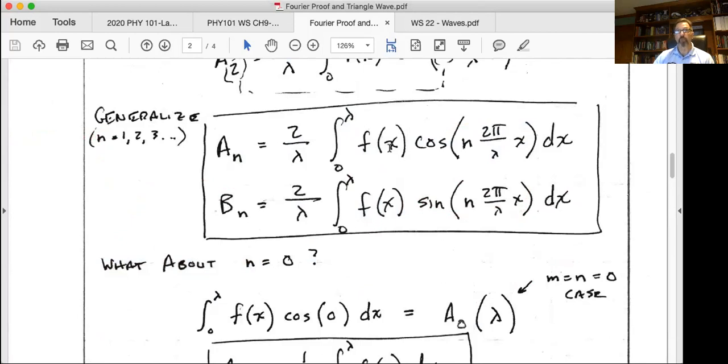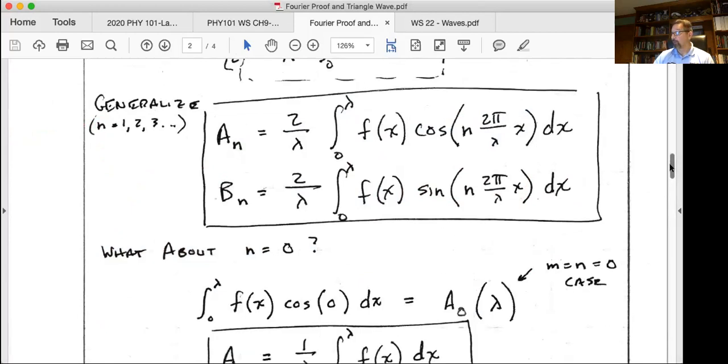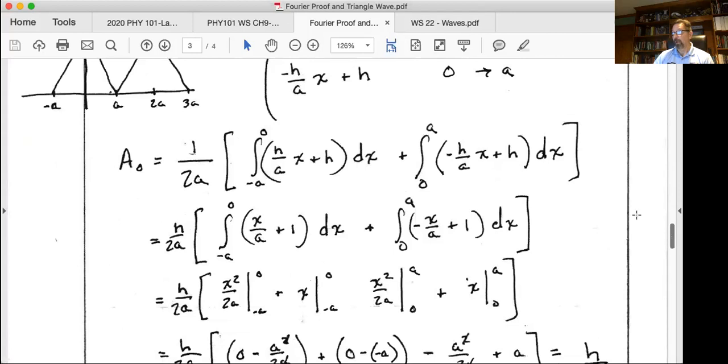It has one equation from minus a to 0 and a different equation from 0 to a. Because of that, I had to break that integral up into two pieces: from minus a to 0, that's the value of f of x, and from 0 to a, that's the value.